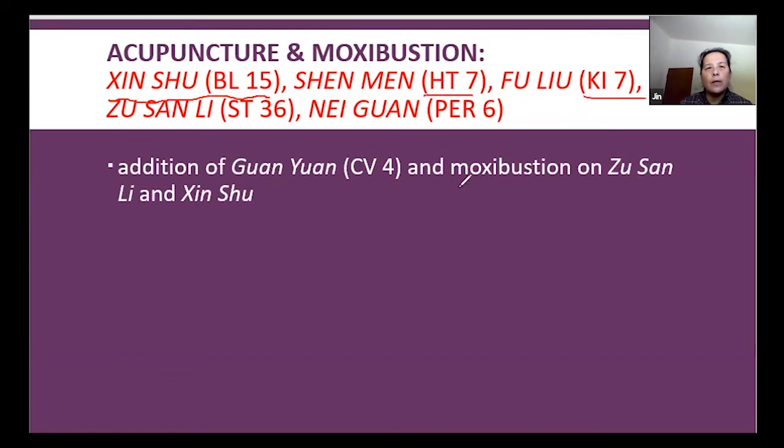Kidney 7 we can still use, Stomach 36 and Pericardium 6 too. For severe deficiency, we can go to Ren 4, which is a pretty nourishing point. We can use moxa there, or needle there. We can also use moxa on Stomach 36 and the back shu point of the heart, Bladder 15.